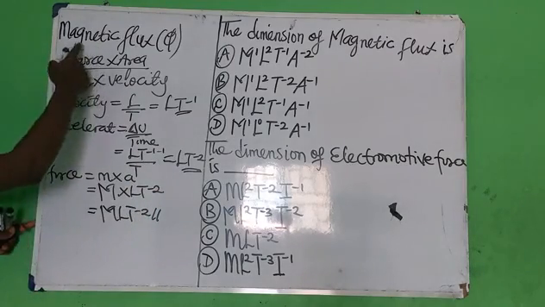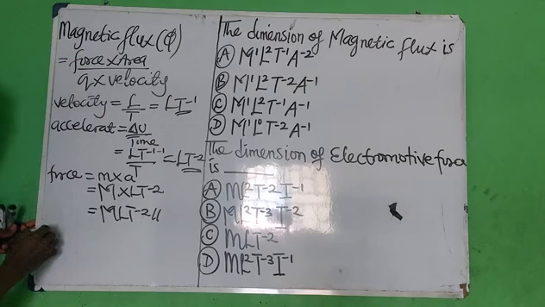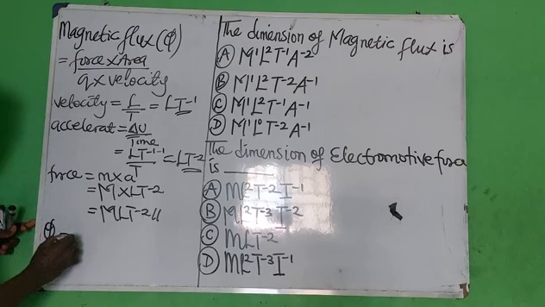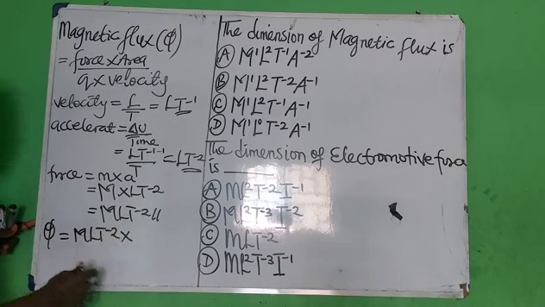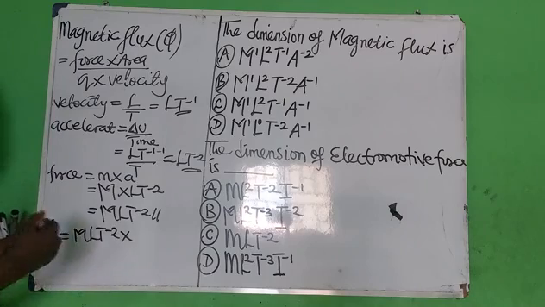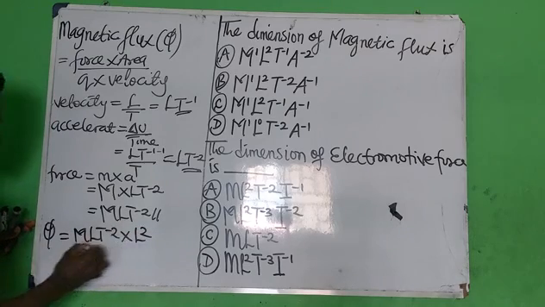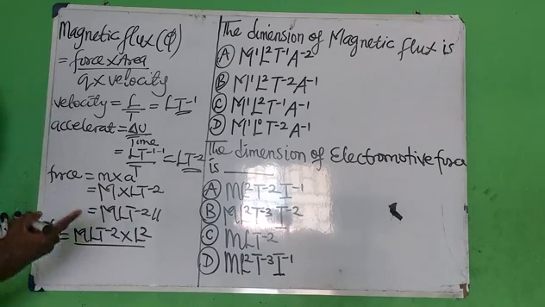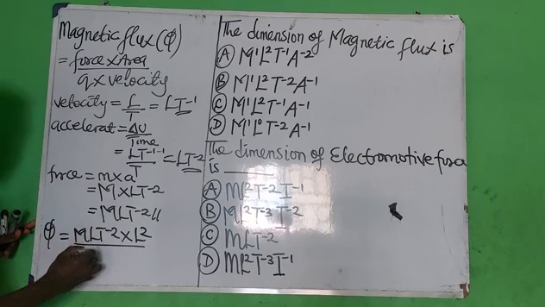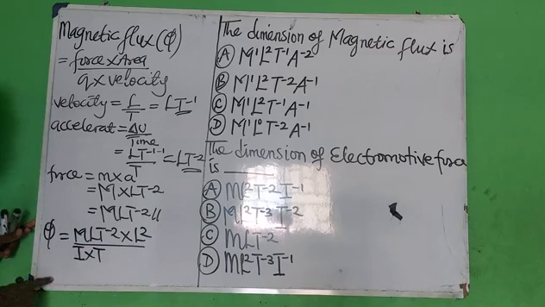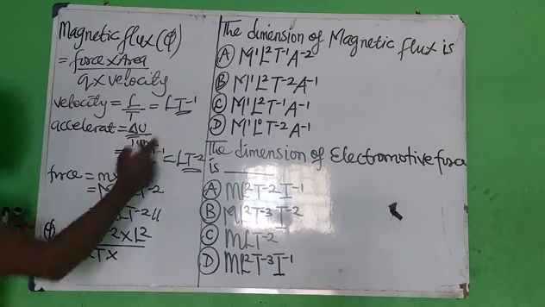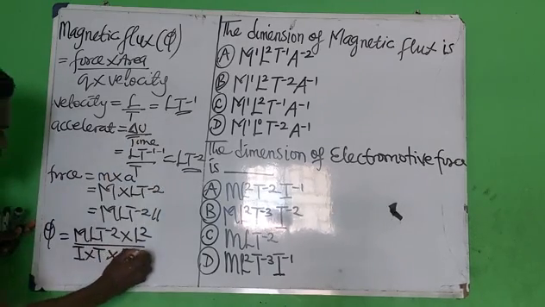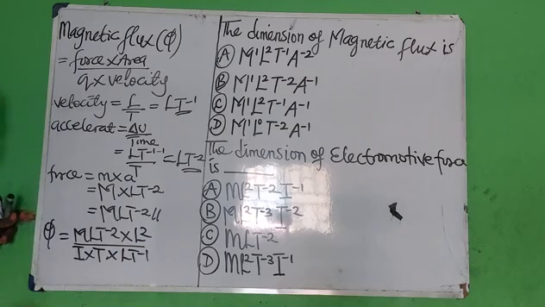Now, magnetic flux: we have force, which is MLT minus 2. Area is length times length, and that is L squared. Charge is IT. I connotes the current, then T connotes time. Velocity is LT minus 1.